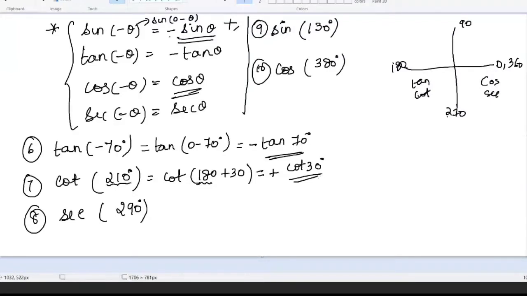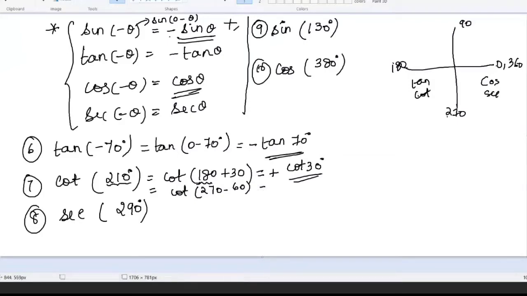Now I said I'm going to work it out in another method also, only for this question. Otherwise, from the next question onwards, if it is lying somewhere in between, you can use either the standing line or the sleeping line. So I can write this as cot of 270 minus 60, because I want 210. You can take the help of your calculator.